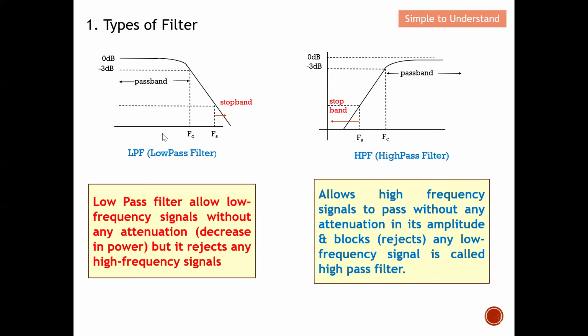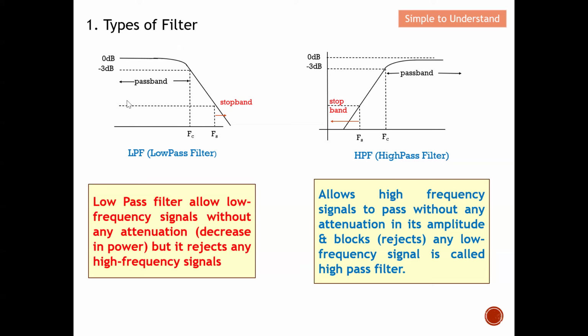Let's start by discussing the low pass filter. A low pass filter allows low frequency signals to pass without any attenuation, in the ideal world, but it rejects any high frequency signal. So what does this mean? You can see that this is the frequency response of a low pass filter, from low frequency all the way to high frequency.